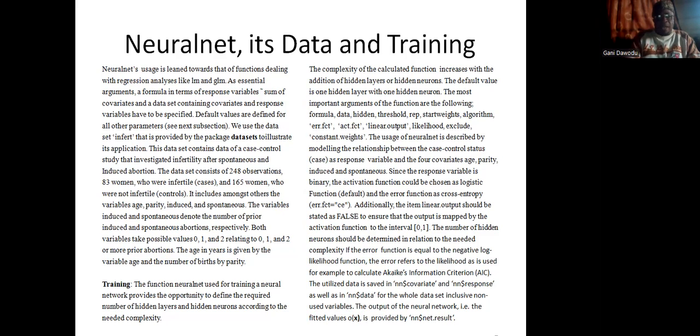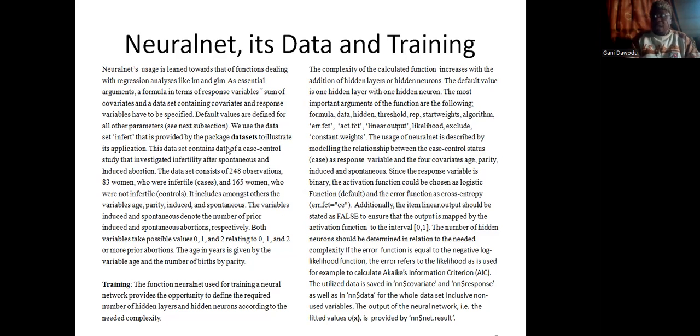If you want information concerning it, you can just go to R, irrespective of whether you installed neuralnet or not. Type help, open bracket, type infert, close your bracket and press enter. It will take you to where you see information on infert.